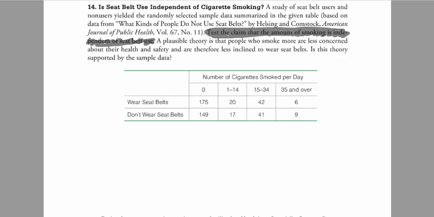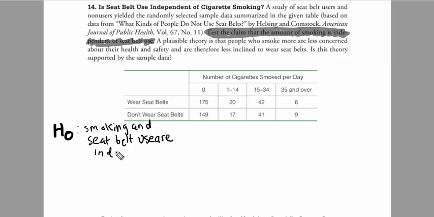Let's go ahead now and write down the null and alternative hypothesis. So remember, H0 is always going to be that the variables are independent. So smoking and seatbelt use are independent.